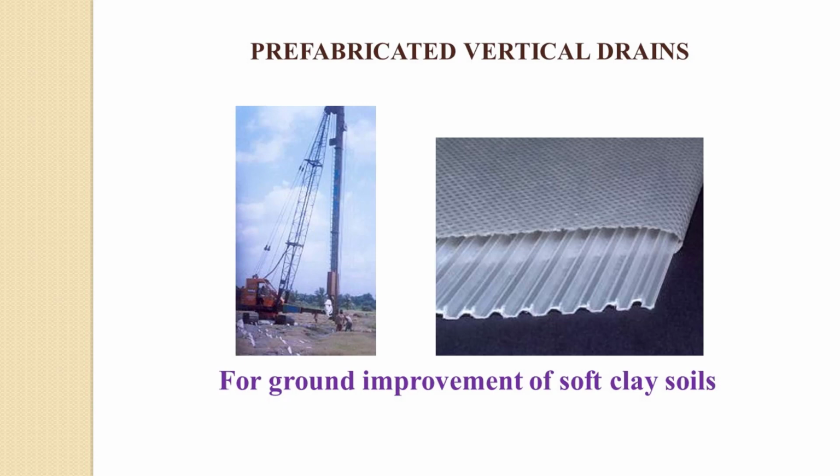And mostly it is in clay soil and soft marine clay kind of soil. So normally, conventionally, what we have to do in that case is consolidate the soil. The consolidation is a very long-term process. It takes years for the primary consolidation itself and then secondary consolidation.